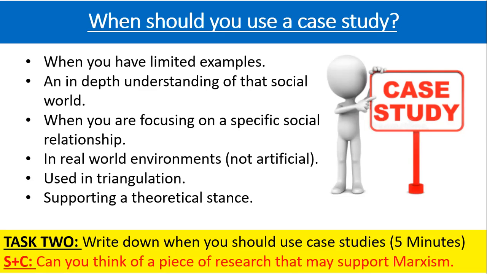Or equally, you might be trying to look at gang representation in the southwest of London. You might only be able to get a study on gang representation in London as a whole, not specific enough, or maybe in the east of London. So you often need studies because there isn't a lot of research in your chosen area.